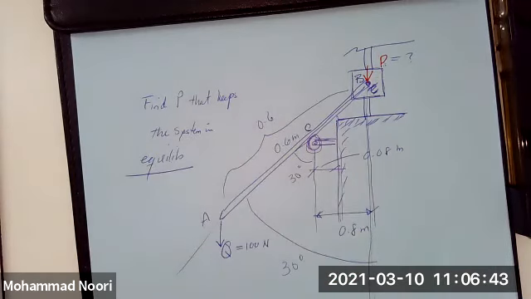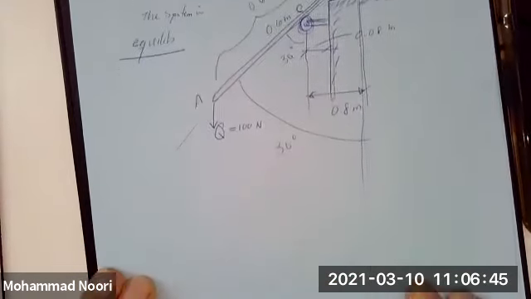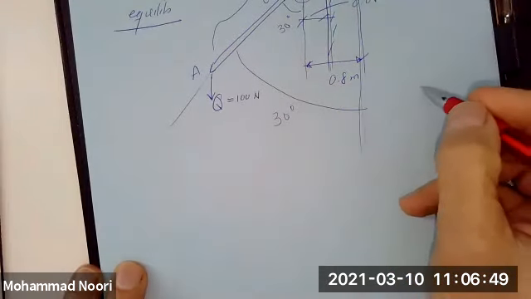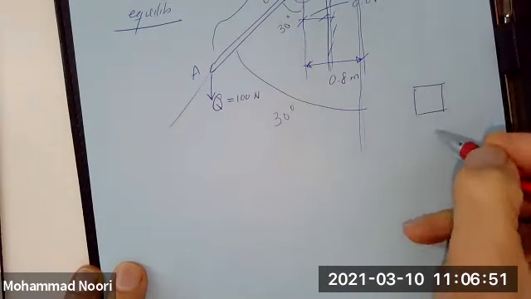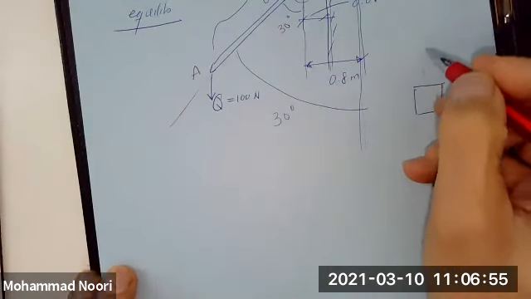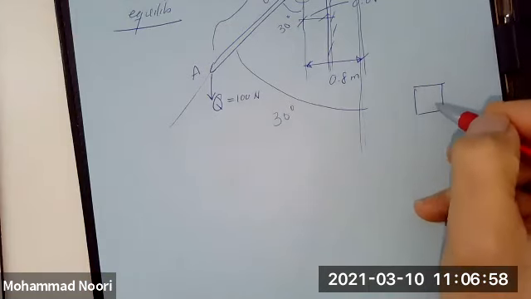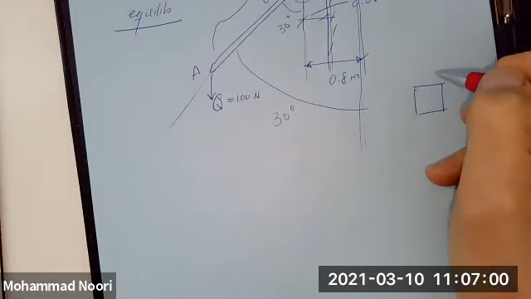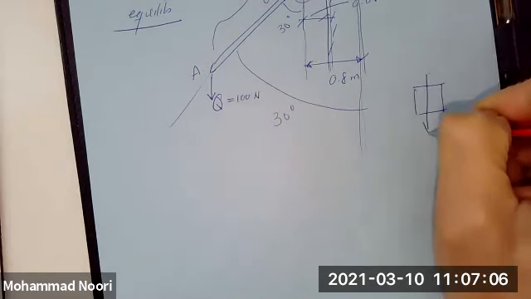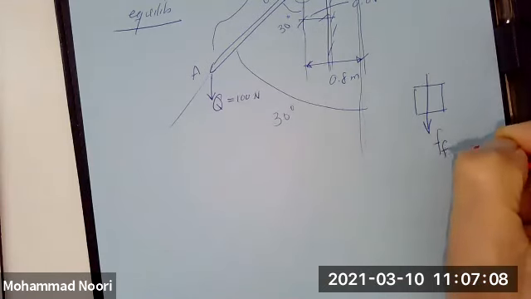Okay? All right. So based on that assumption, if this piston moves up, that means the friction force that is acting on this would be what? Would be downward. This is the force of friction.